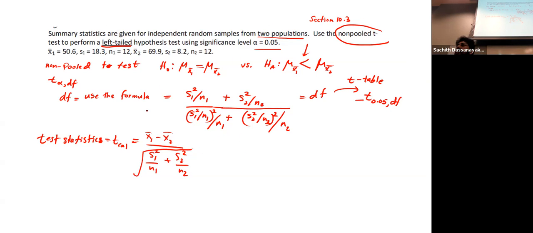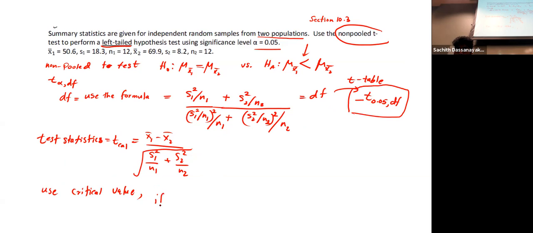After that, as I mentioned, use the critical value approach. Your critical value is this one.